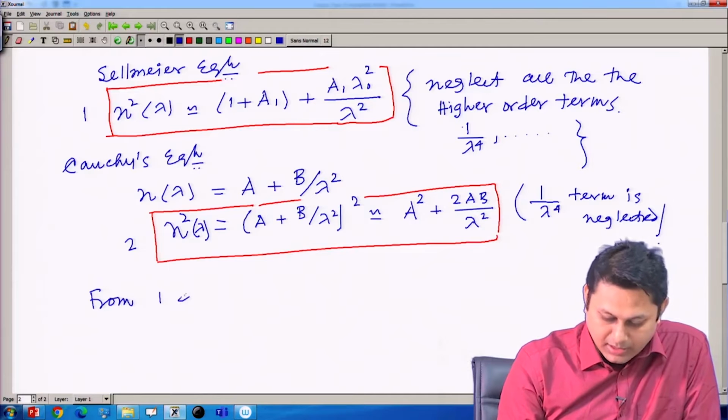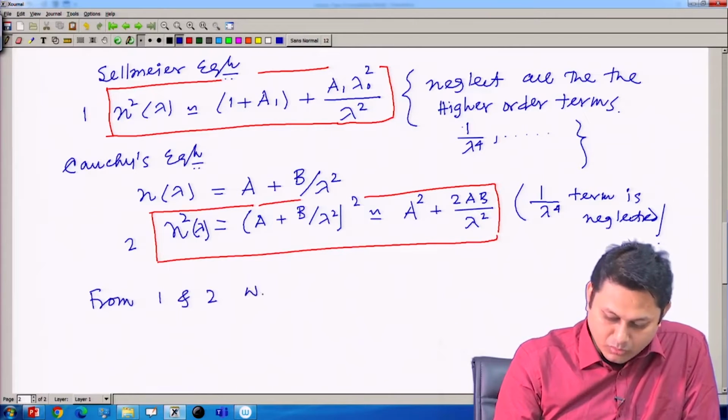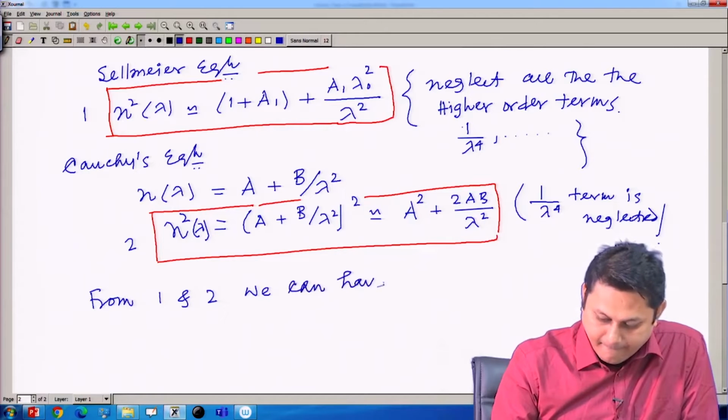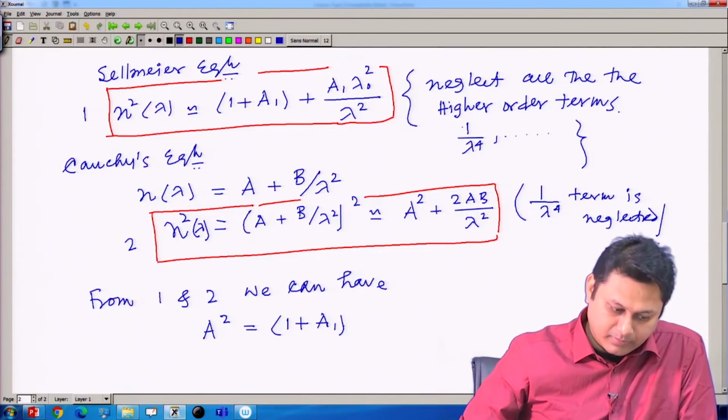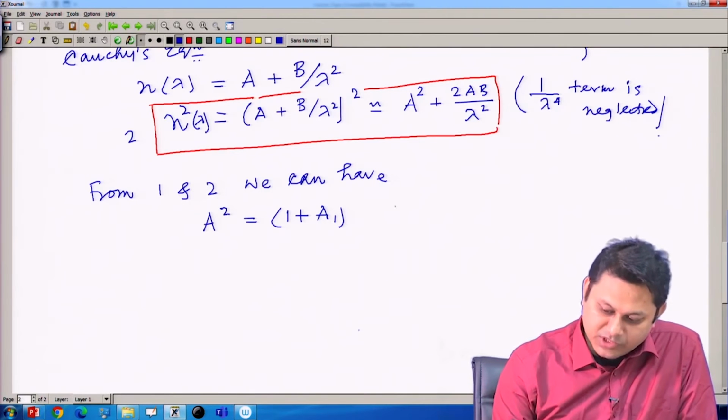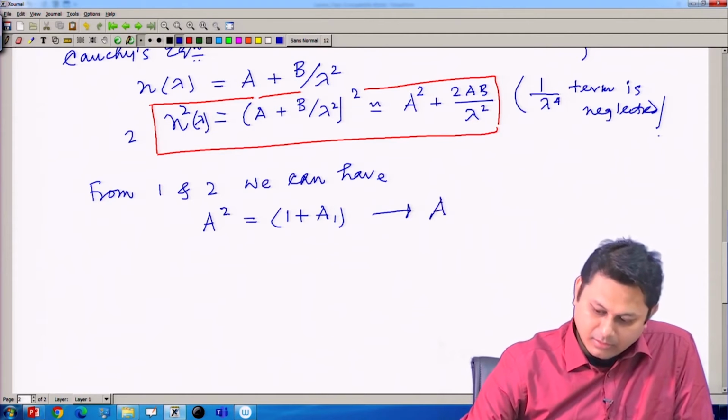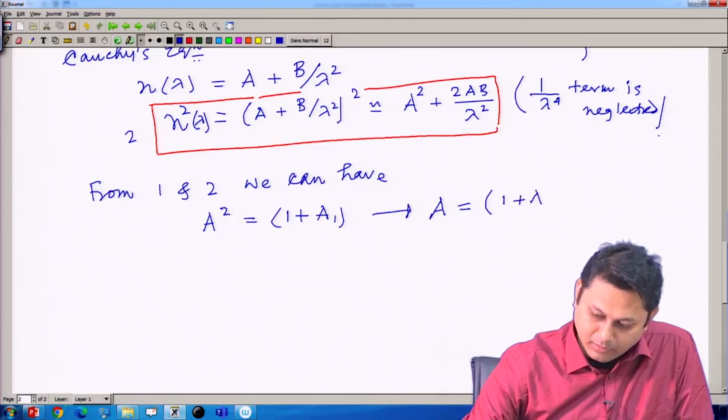From 1 and 2 we can have A square is equal to 1 plus A1, which gives me A as 1 plus A1 whole to the power half.